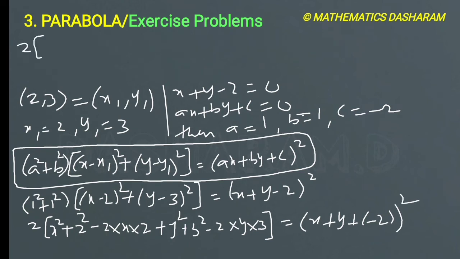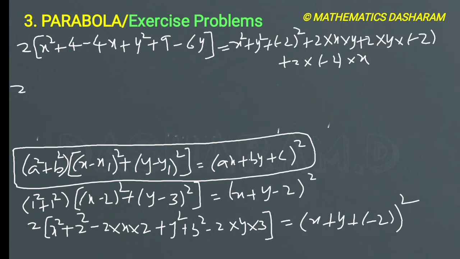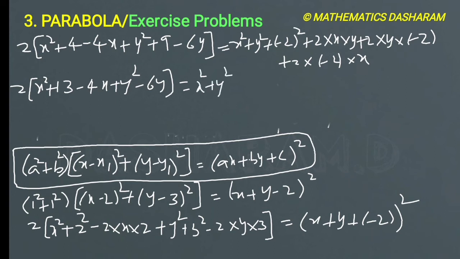So 2 bracket of x square, 2 square 4 minus 4x plus y square, 3 square 9 minus 6y, equals, here apply the (a + b + c) whole square formula. So 2 bracket of x square, here 4 plus 9 is 13, minus 4x plus y square minus 6y, equals x square plus y square plus 4 plus 2xy minus 4y, next minus 4x.